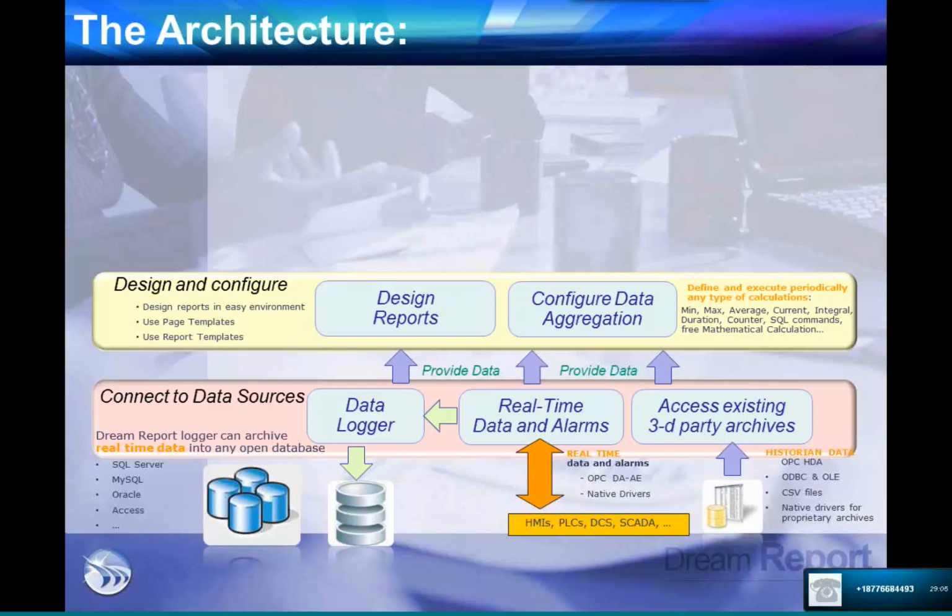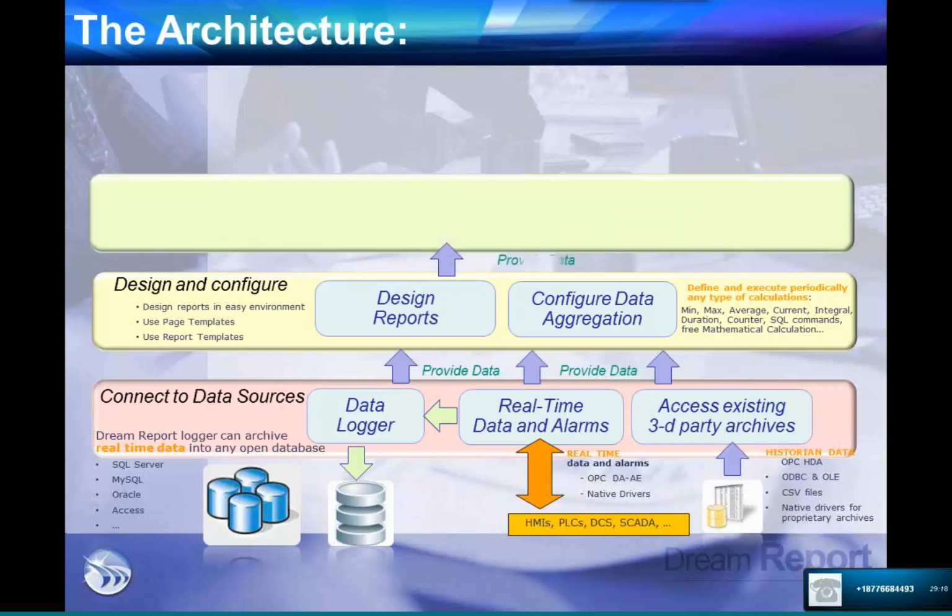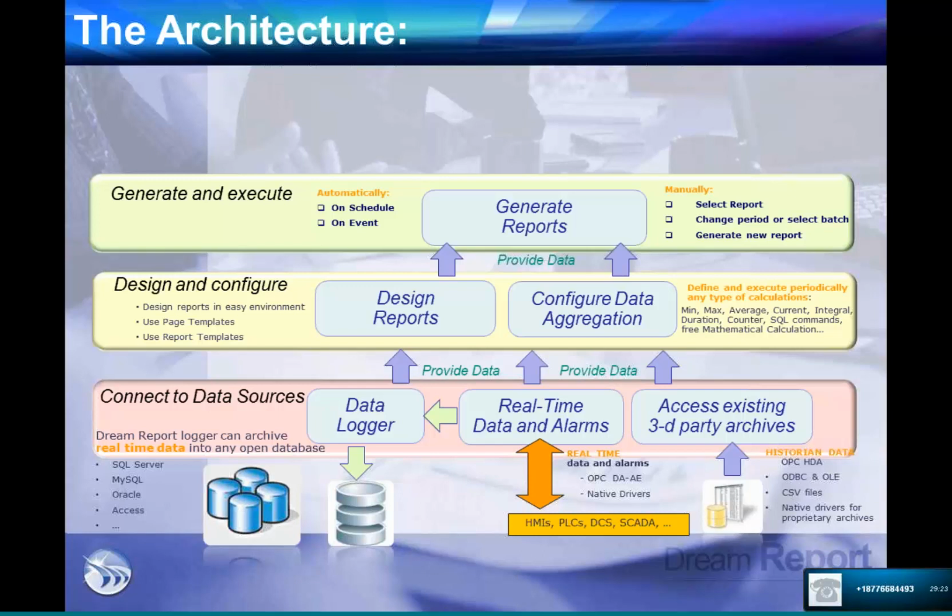On the other side, you can also create report templates and page templates and reuse those templates once you create a new report or start a new project. Once the project is ready and reports are designed, we have to schedule report generation.